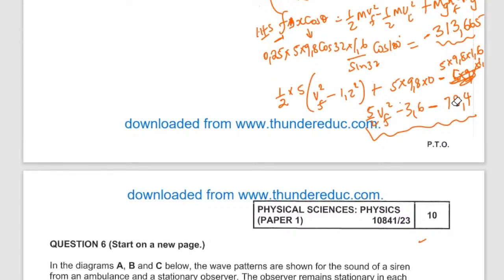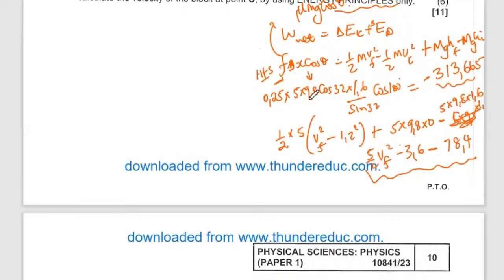Okay. So from the follow through, let me just go back to my previous pattern, which is 0.25 times that.